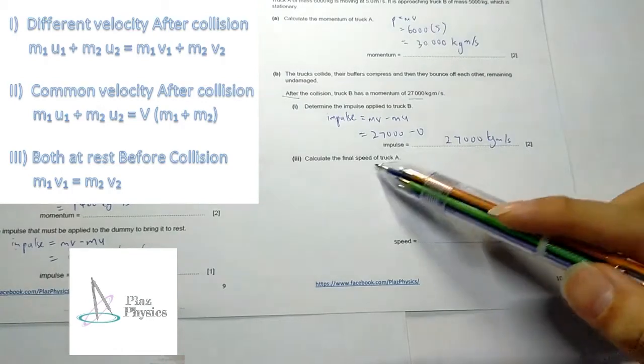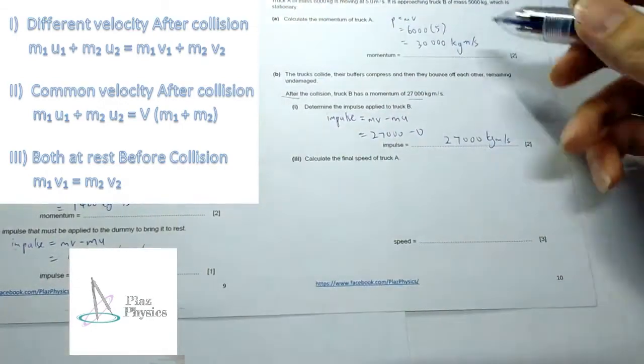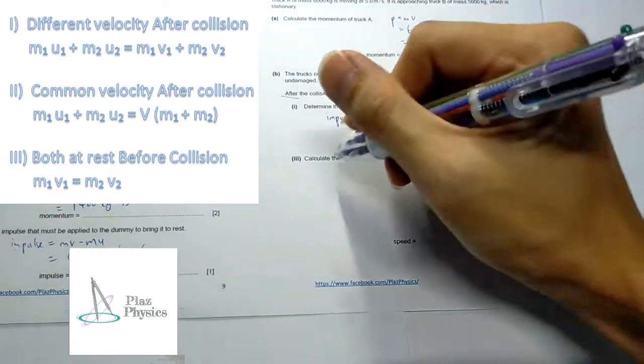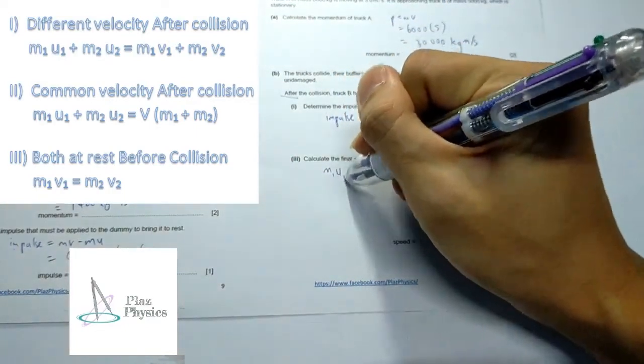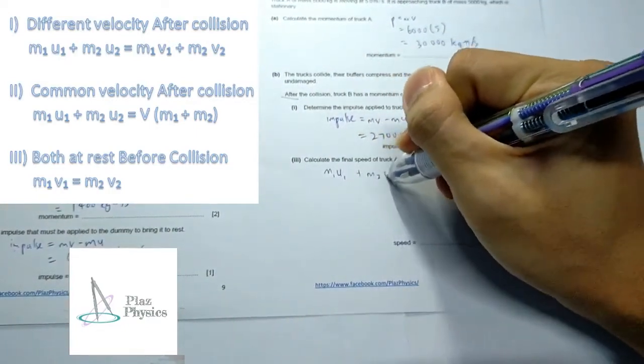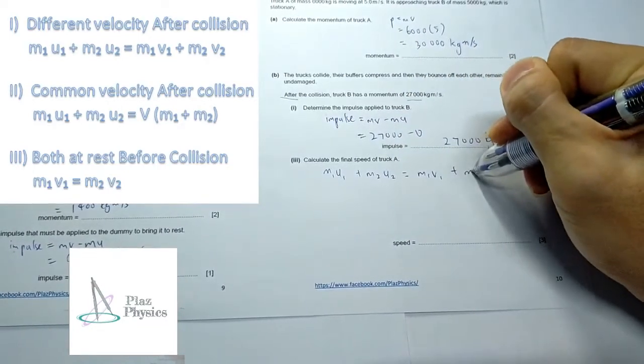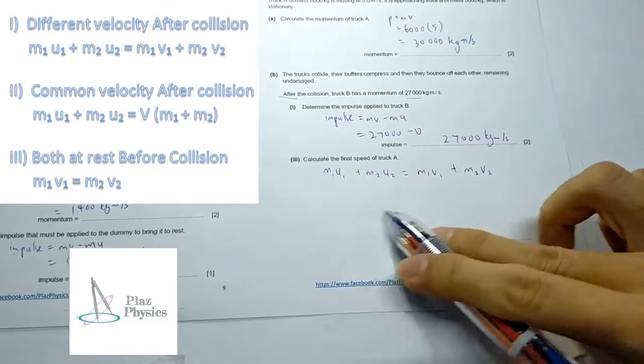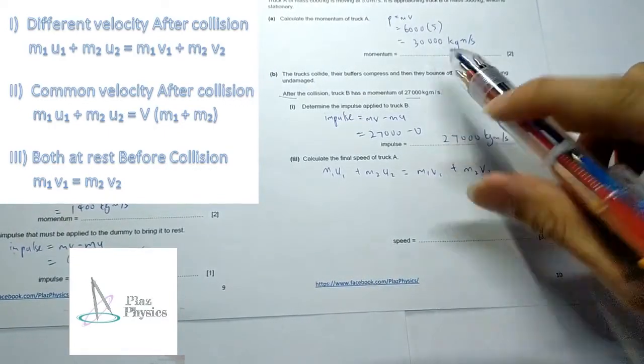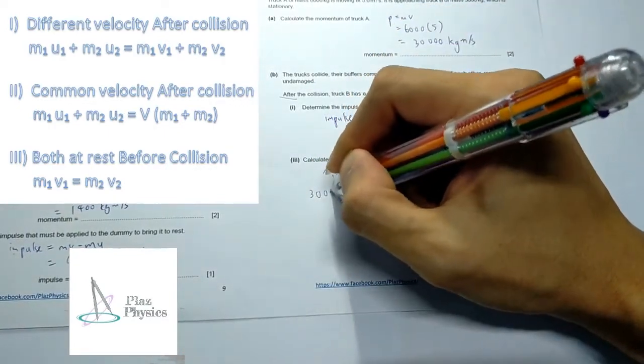Okay, this one, final speed for A. I use the formula listed down here because they move at different speeds: m1 u1 plus m2 u2 equals m1 v1 plus m2 v2. Actually these are all momentum. The first object's momentum is this 30,000.